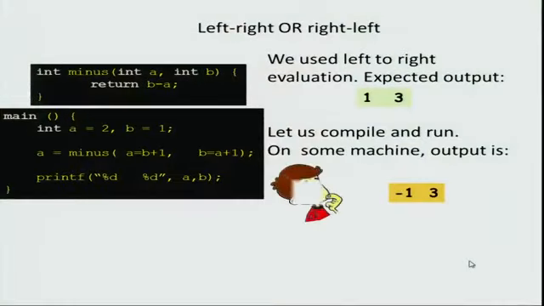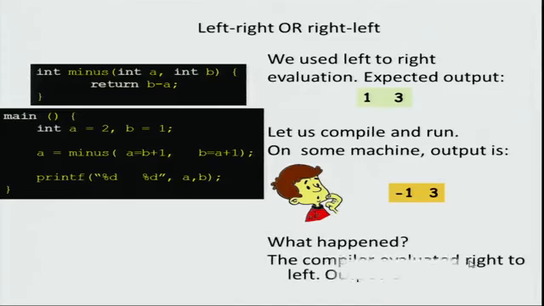But when you run it on some machines, you may get the output -1 3. Okay. So, what happened here? Now, this happens, for example, when the compiler would evaluate it right to left. Okay. So, when you evaluate it right to left, what will happen is that b equal to a plus 1 will be executed first.